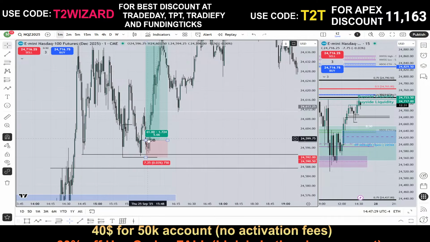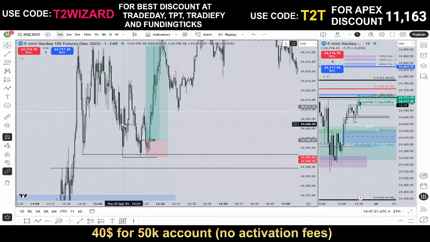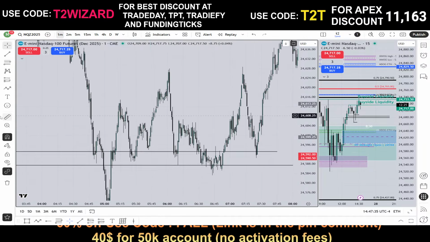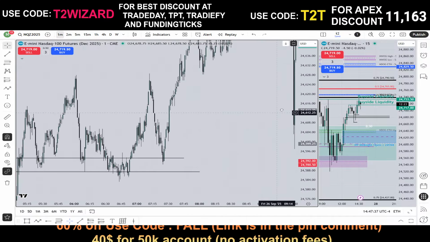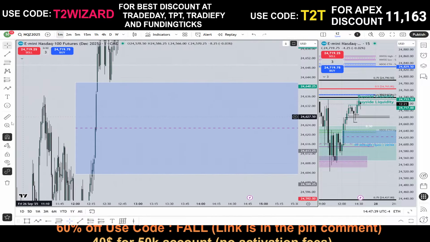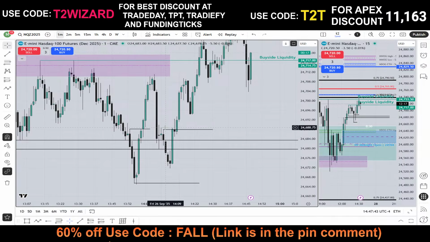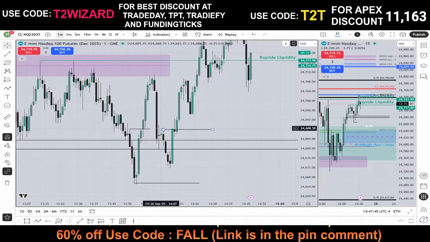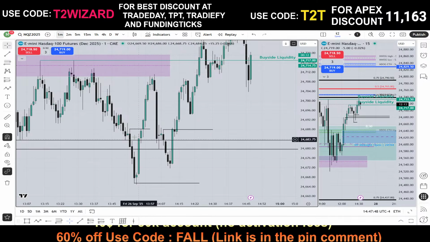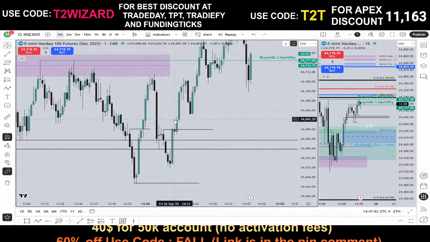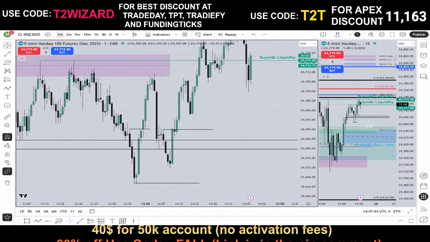Actually, it is from here, not that one. This is from here where I took the entry. Look what happened over there. This candle has validated the consecutive order block, failed this one, made this one an order block. The next candle has given you the entry from the order block.